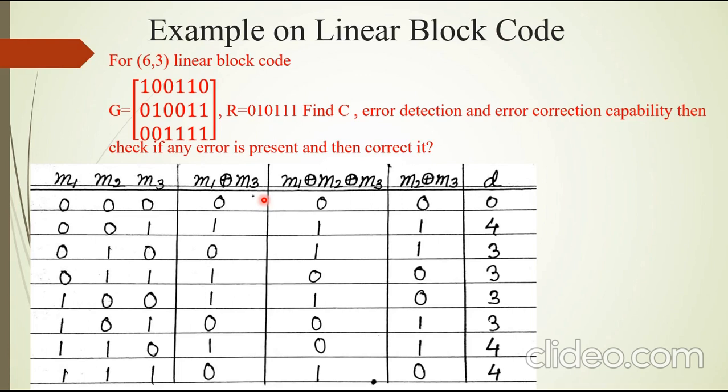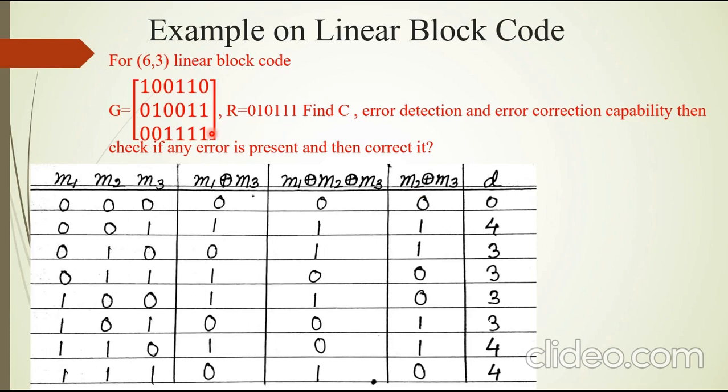Now after that, M2 XOR M3. At this column, the first one is 0, the second one is 1 and the last one is 1.